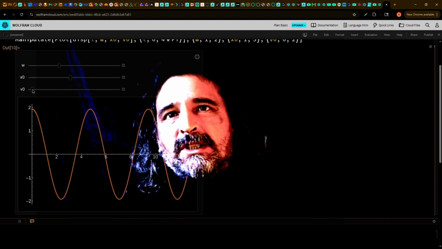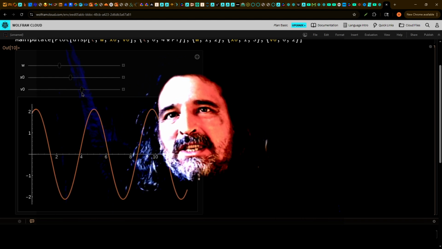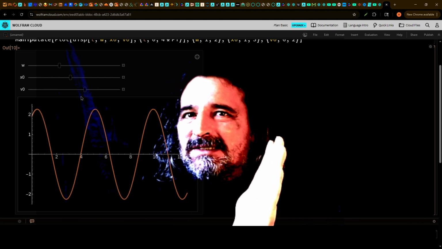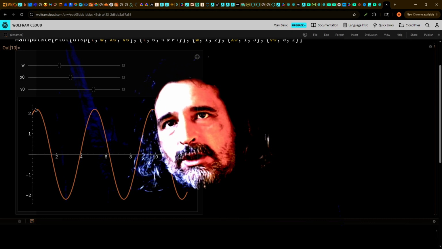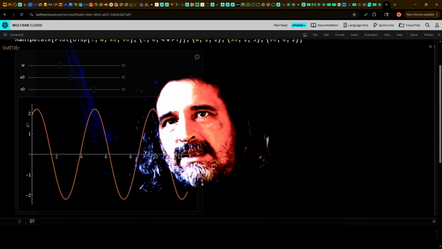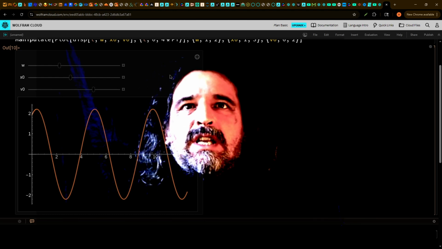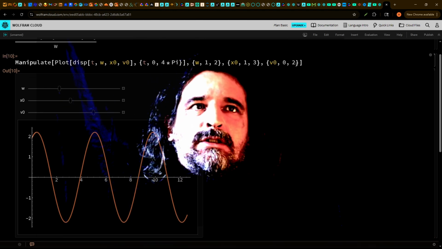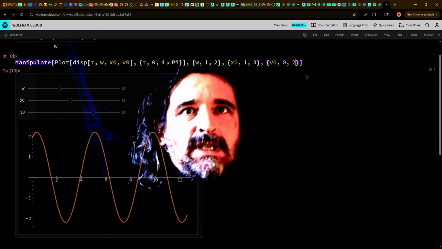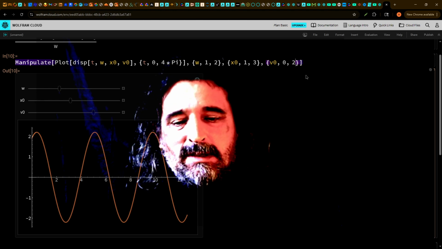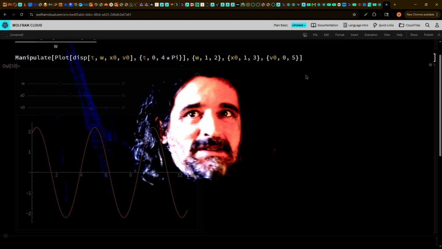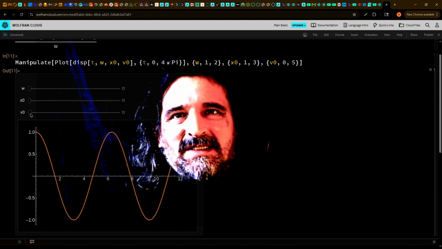And look, if I change v naught, I'm kind of shifting it horizontally. So essentially with v naught, you are changing the slope at 0, right? So we can put a larger v naught, maybe a larger slope. I think the highest slope is, let's put 5. Let's see what happens.